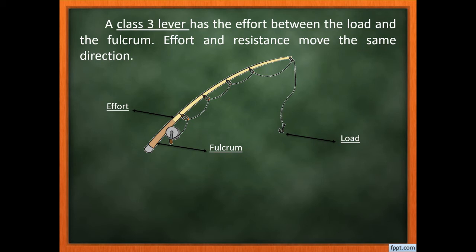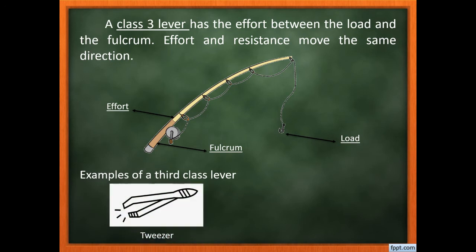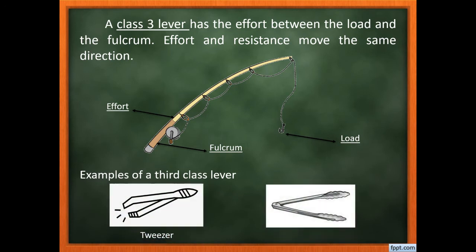The effort applied is closer to the fulcrum than the load. Examples of a third-class lever: we have a tweezer and a tong. So, those are the classes of lever.